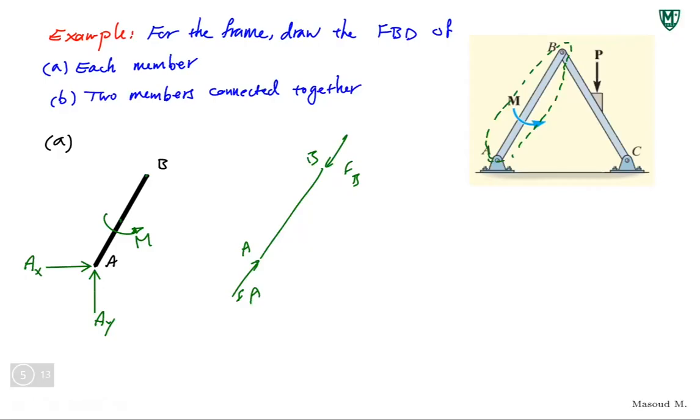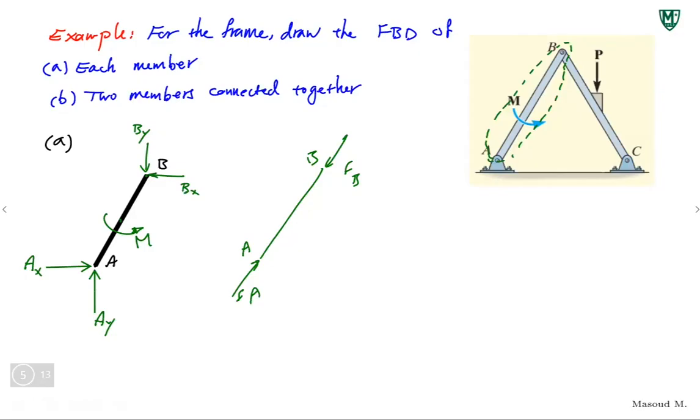Now, because of this moment there, this is not a two-force member. That moment messes things up for me. So at this point, I don't know the direction of FB anymore. So all I have to do is the same thing that I did for the joint and the support. I have to just consider two forces, one in Y direction, one in X direction.